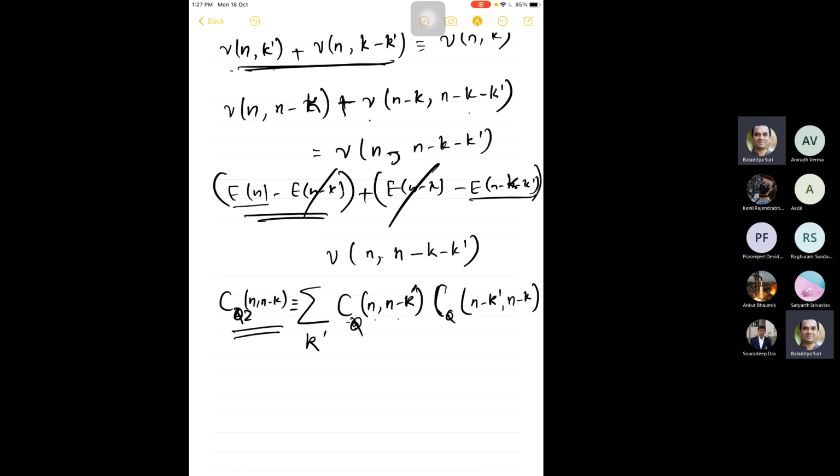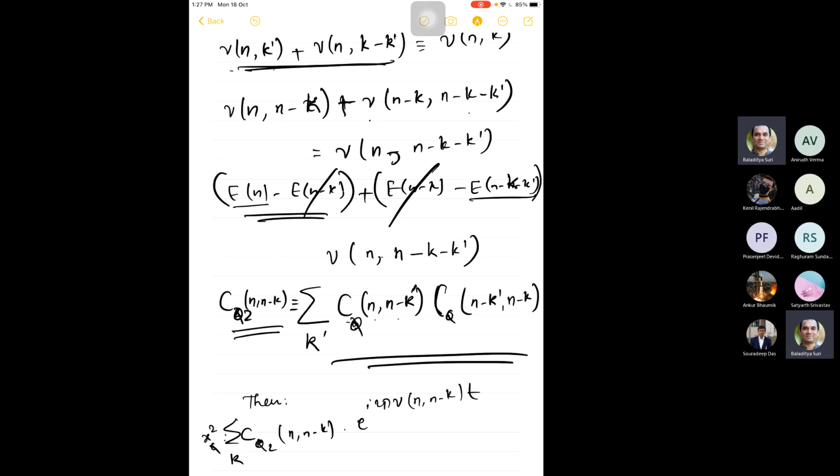If this combination rule holds, then x_q squared will be summation over K of c_q2 of n-K e^(i2π ν(n-K) t).